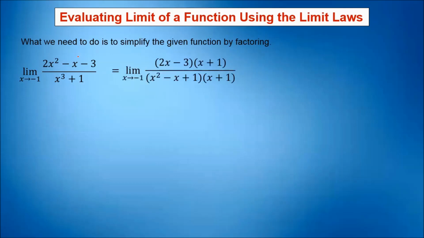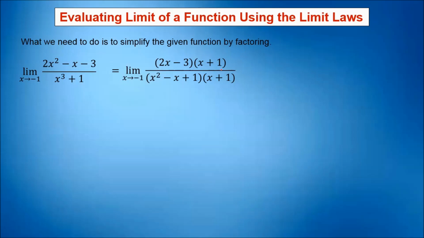The factor of this numerator is 2x minus 3 times x plus 1. Then the factor of this denominator is x squared minus x plus 1 times x plus 1. So this factoring is the application of what we learned in junior high school.